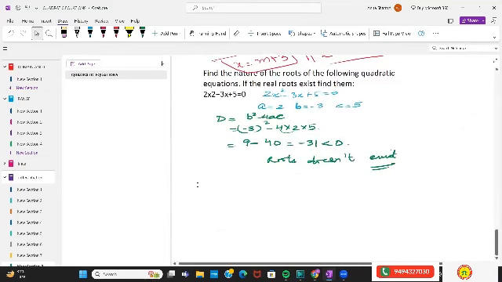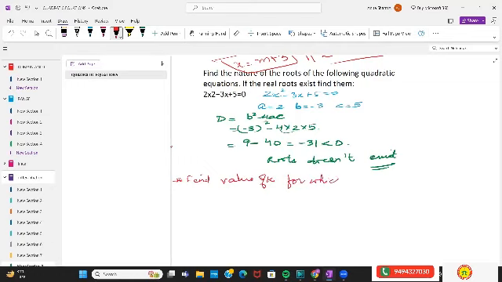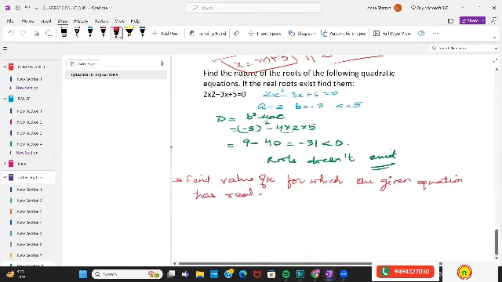Now see, in the board exam, questions come like this. On the basis of the nature of the roots, find the value of k for which the given equation has real and equal roots.